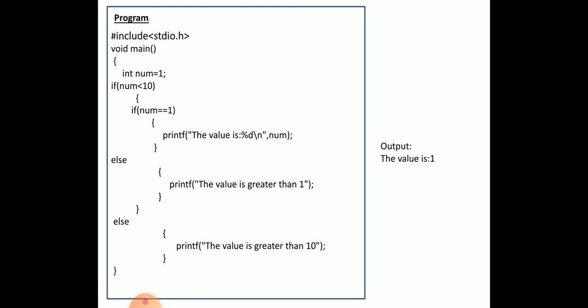The statements given in the else part will not be executed because the condition became true, and it stops execution here. We had not given any default statements outside the if else statements, so the execution stops by displaying the value is 1. Okay, is it clear now?